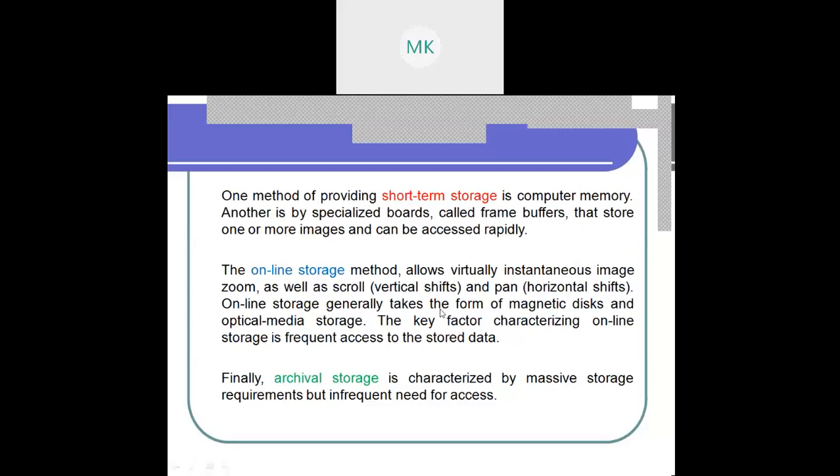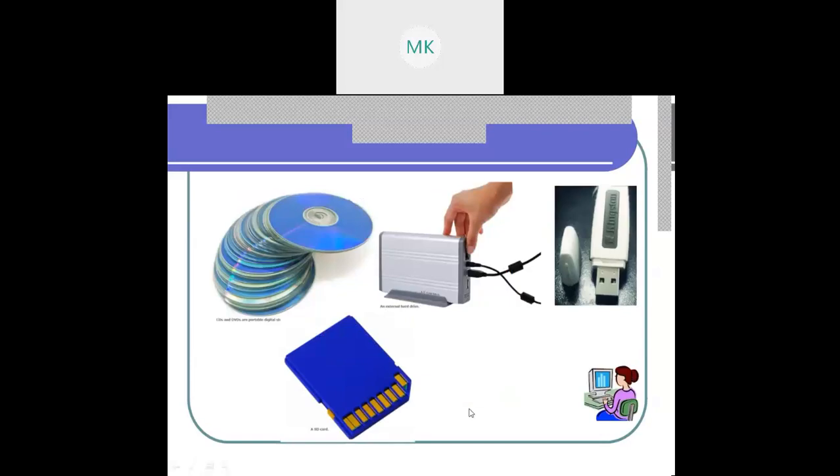They generally take the form of magnetic disk or optical media storage. The key factor characterizing online storage is frequent access to the stored data. Archival storage is characterized by massive storage requirements but infrequent need for access. So these are some examples of mass storage devices.